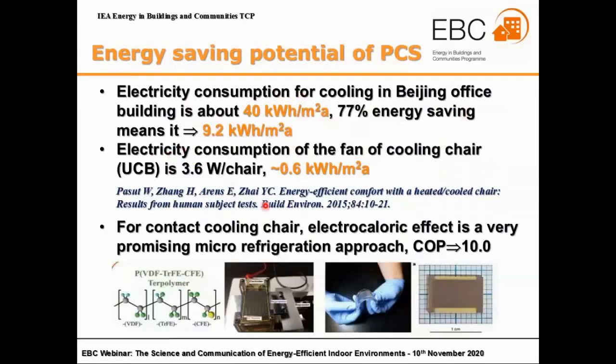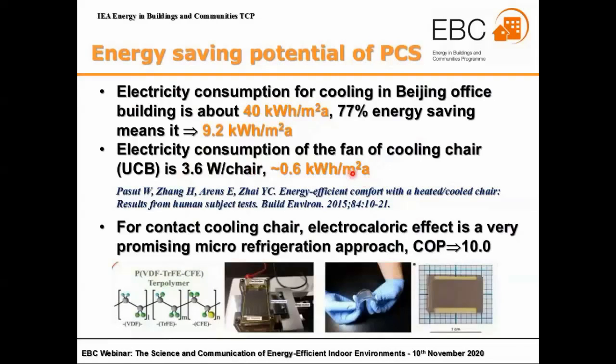But the electric consumption of the fan of the cooling chair from UC Berkeley is just 3.6 watts per chair. That means in 1 year, one chair occupying 5 square meters means 0.6 kilowatt-hours of electricity per square meter for 1 year.